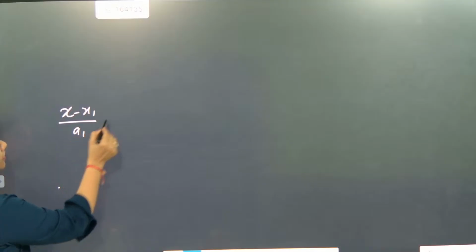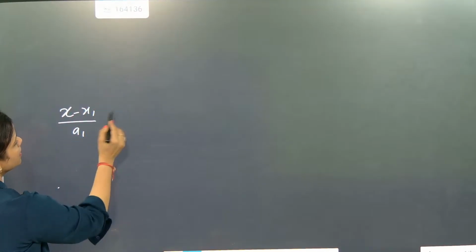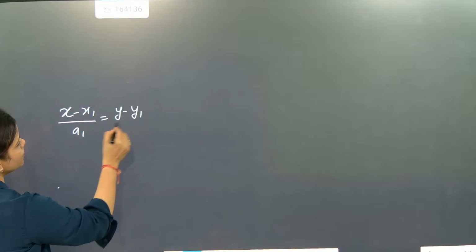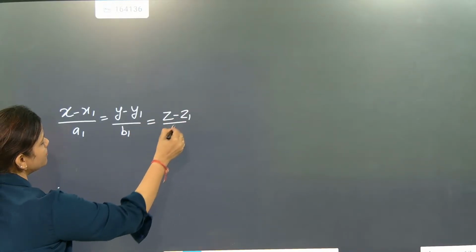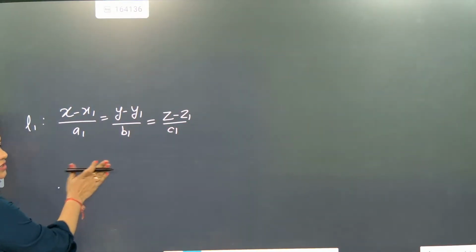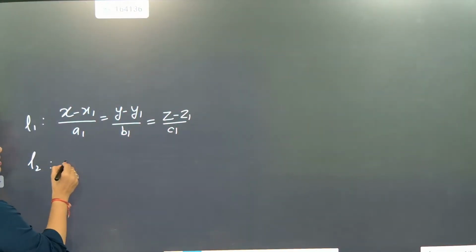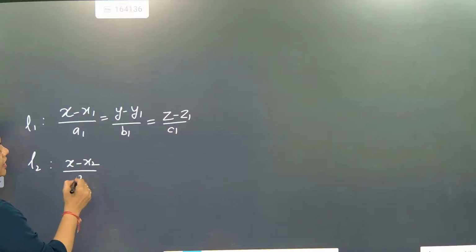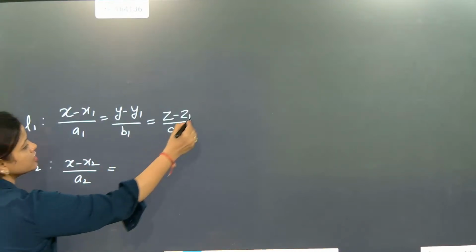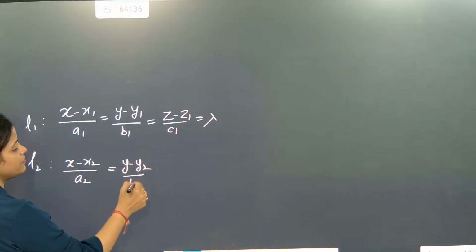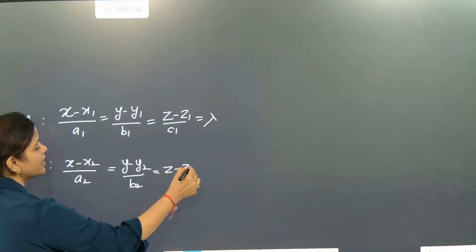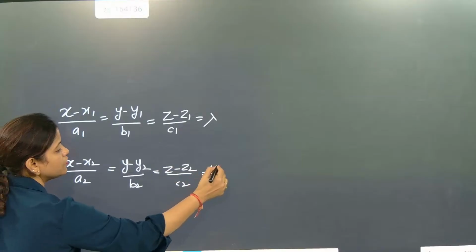So look here, (x minus x1) by a1 equal to (y minus y1) by b1 equal to (z minus z1) by c1. This is one line L1. Got it? Now, beta, another line L2 is (x minus x2) by a2, this part we will take as lambda, equal to (y minus y2) by b2 equal to (z minus z2) by c2, equal to mu, beta.